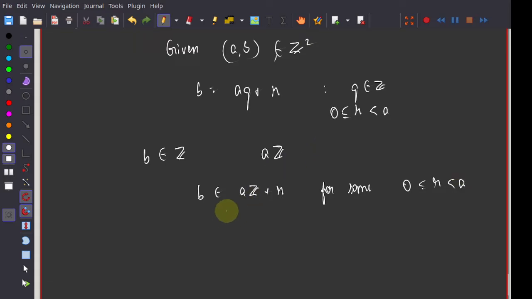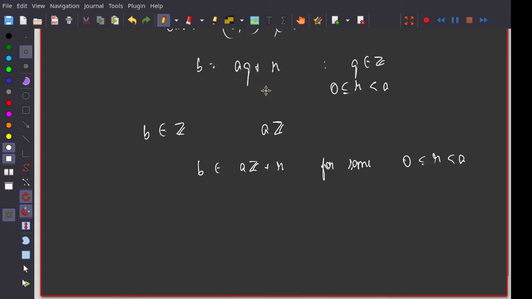And one way to give a proof of this statement, that given any a, b, you can always write b equal to aq plus r, is to simply observe that aZ, aZ plus 1, aZ plus 2, up to aZ plus a minus 1, these are precisely the cosets of aZ.